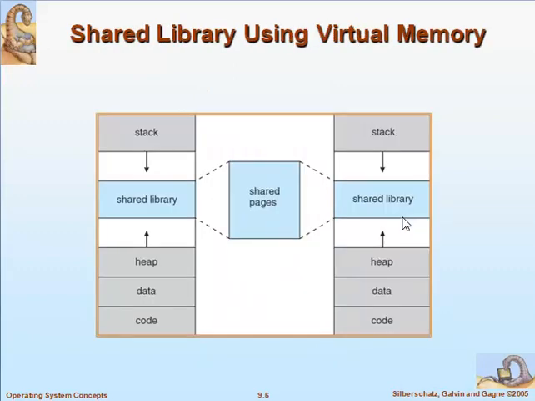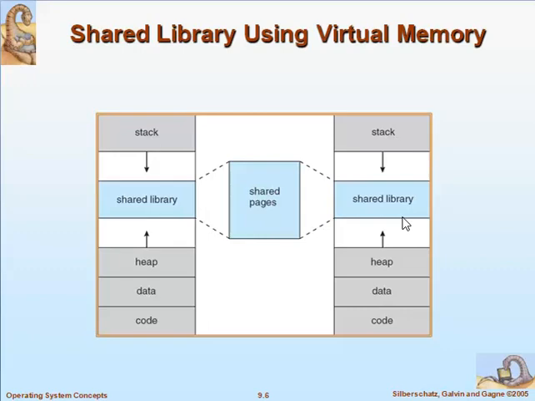Okay, shared library using virtual memory. In addition to separating the logical and physical memory, virtual memory allows files and memory to be shared by two or more processes through page sharing.